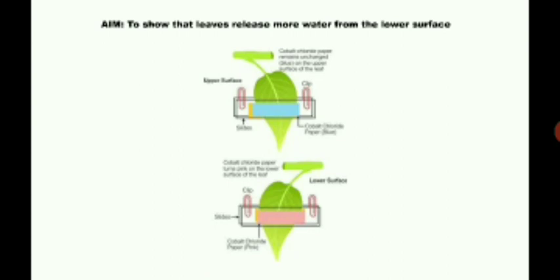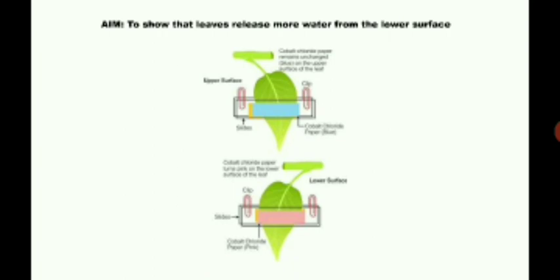The second experiment is to show that leaves release more water from the lower surface. What do we need to carry out this experiment? Here we need glass slides, a clip and an indicator. The indicator here is cobalt chloride paper. When cobalt chloride paper comes in contact with moisture, it turns pink.